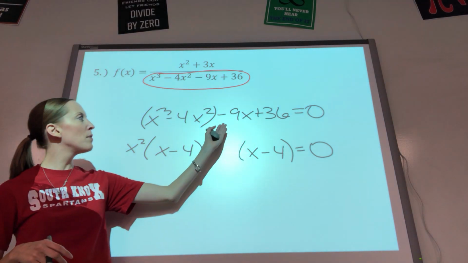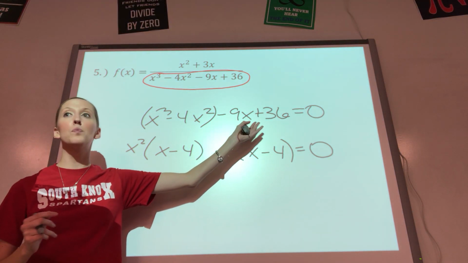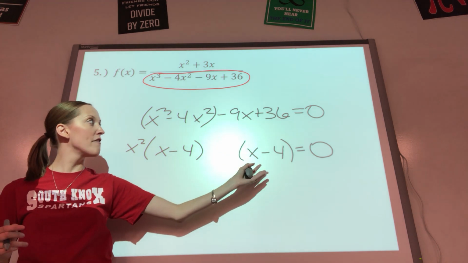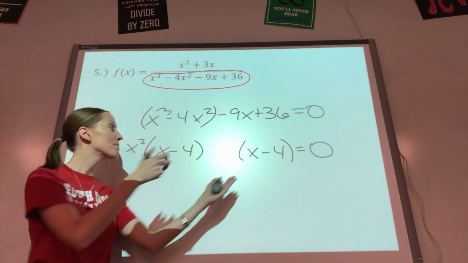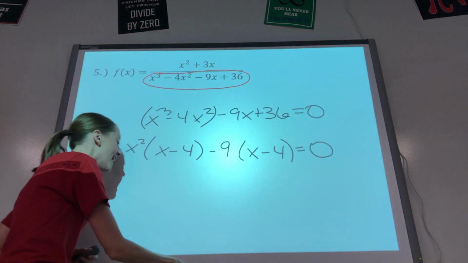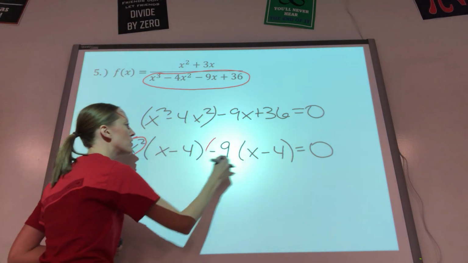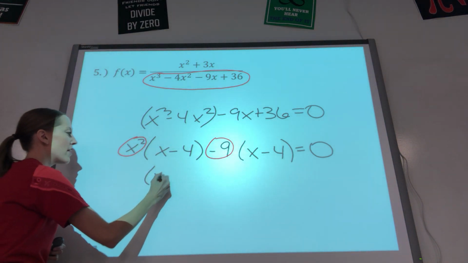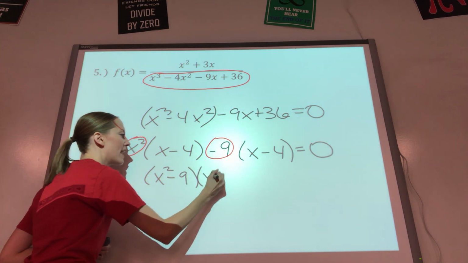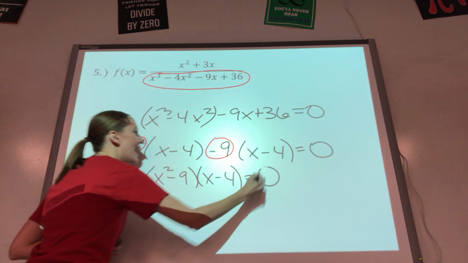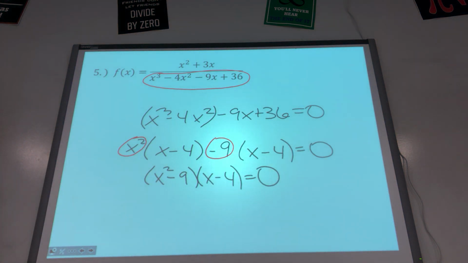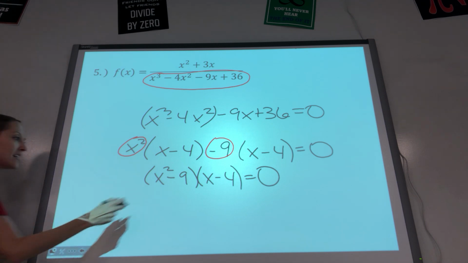So what would we have pulled out of a negative 9x plus 36 to be left with x minus 4? Negative 9. Now those 2 terms come together in their own set of parentheses, and then x minus 4, you only have to write that once.